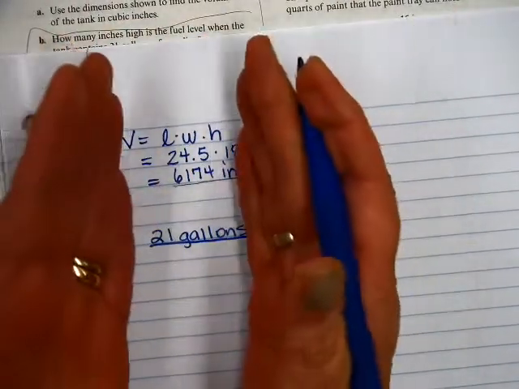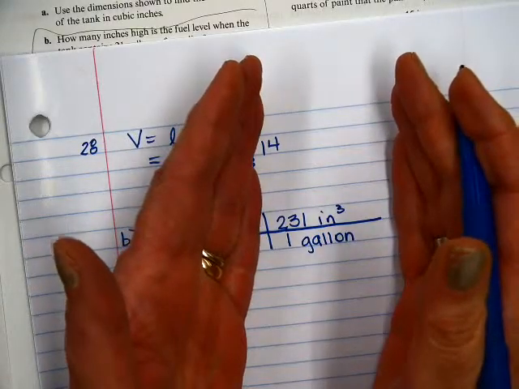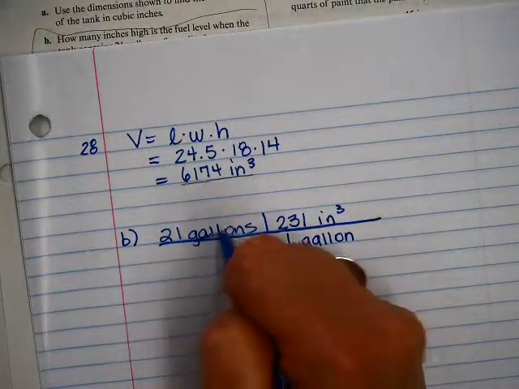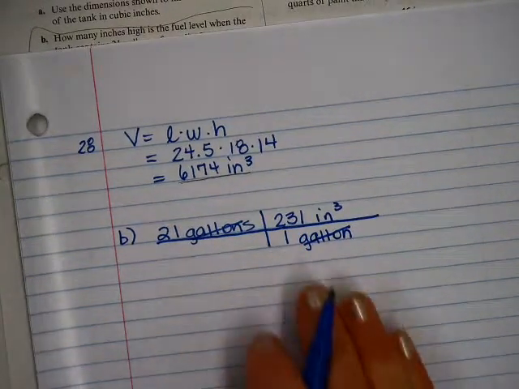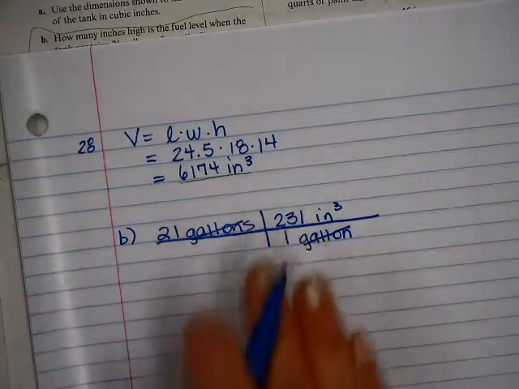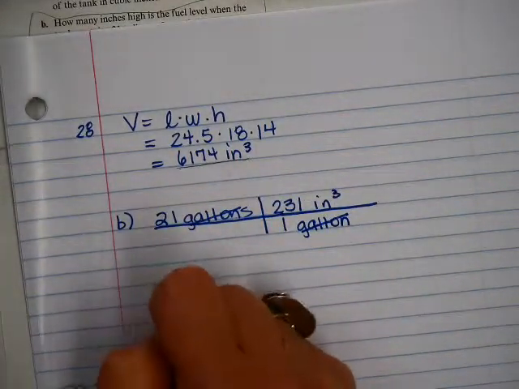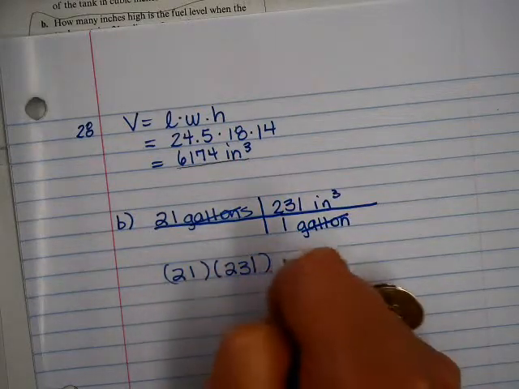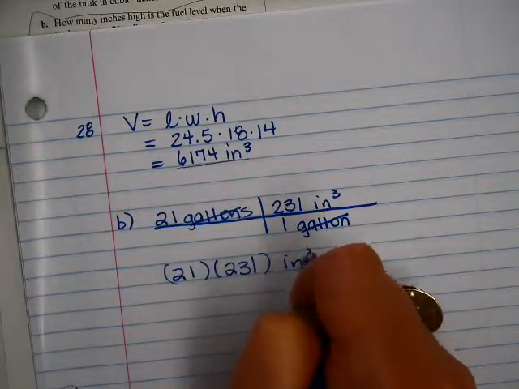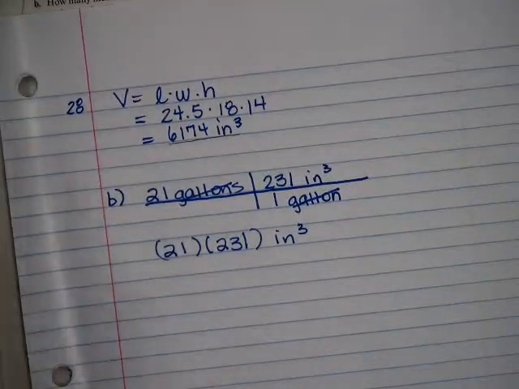What that's really doing is you're saying 21 times my conversion rate of 231 inches cubed per gallon. The reason I do it this way is kind of the chemistry way I learned in high school. It actually has a name, which I cannot remember. And so when you go across, your answer is 21 times 231 inches cubed. And if you notice, you're going to be dividing by 1, so that's not anything to worry about.